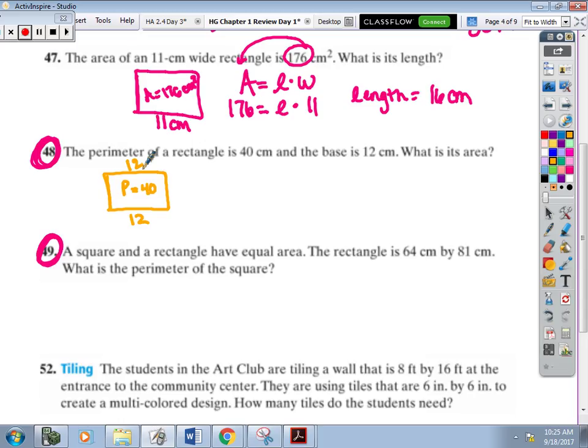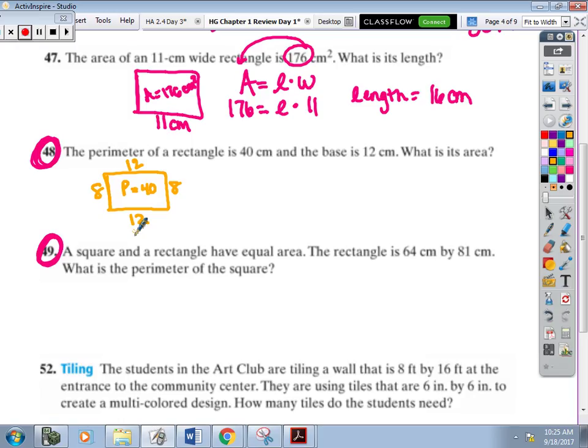Evelyn? 8. About 75% of you will have 16. Okay, be careful. When you subtract 40 minus 12, you do get 16, but you have to divide it in half. 8 and 8. Also, if you double check and add up 16 plus 16 plus 12 plus 12, you won't get 40.